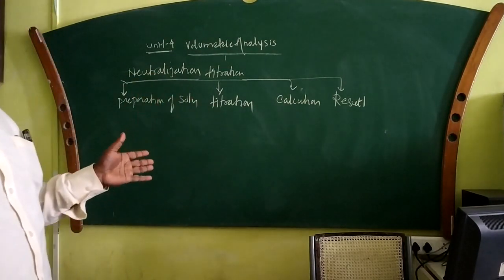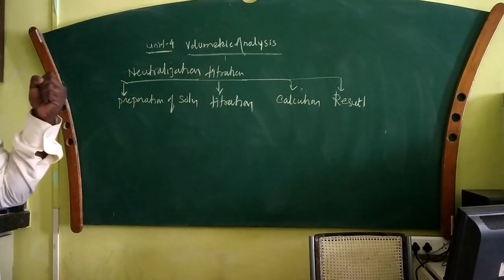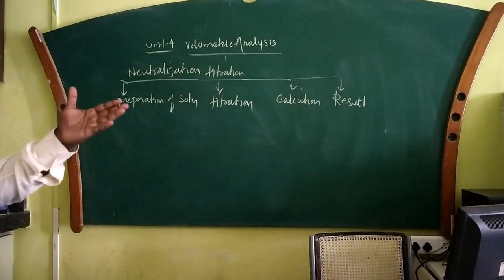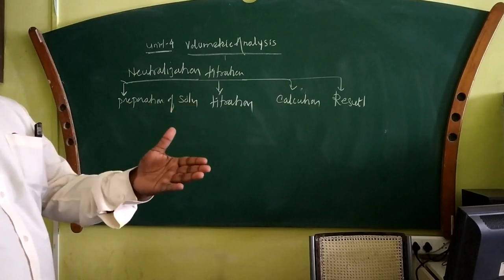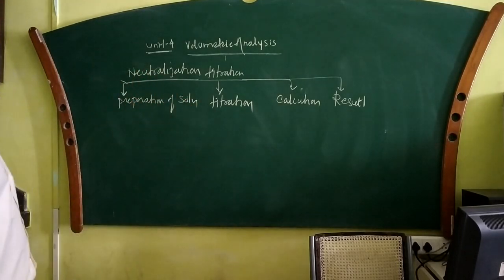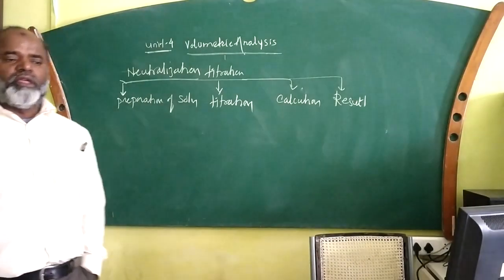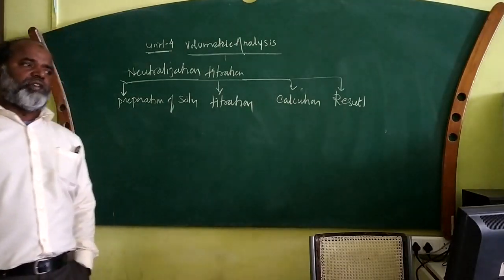From that calculation you will get a conclusion, a result table. You will get a result: this was the sample and these are the results, present in milligram or in milliliter, etc. So these are the steps involved in neutralization titration or acid base titration.